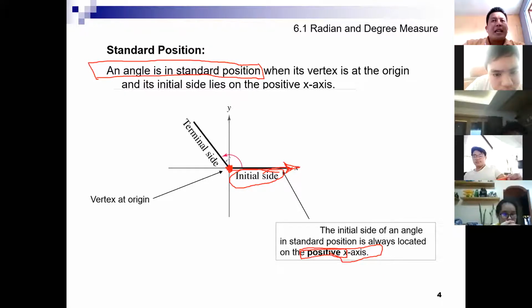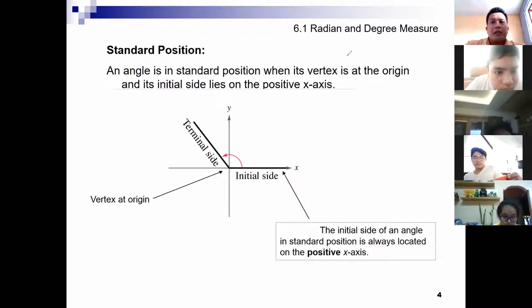The terminal side goes anywhere in the Cartesian plane, and it is determined by the arrowhead of your angle. Again, the initial side is on the positive abscissa and turns to the terminal side anywhere on your graph.